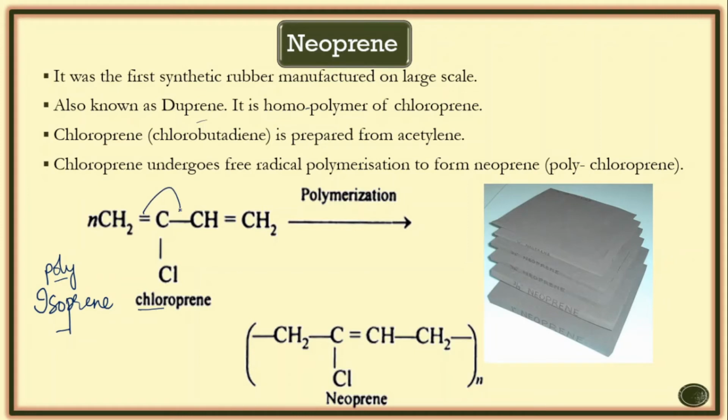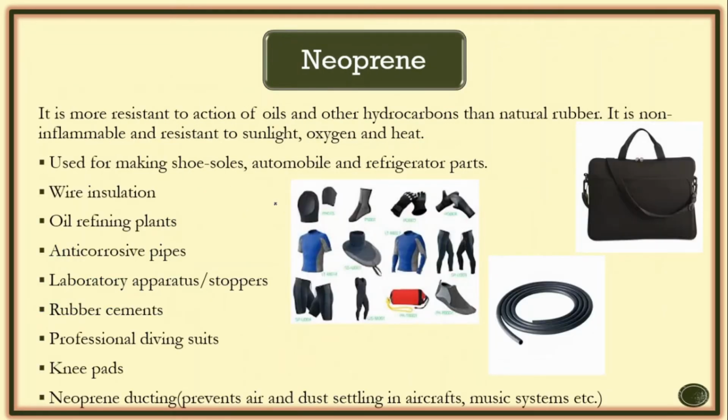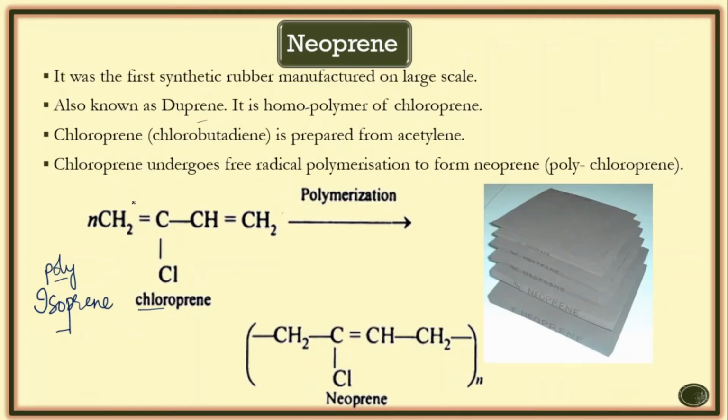And again the thing goes like this only, so you will get a double bond here, and the bond is shown like this. So basically chloroprene undergoes free radical polymerization. Again, if you want to show that, let's say these are two double bonds, these are two electrons, so these two electrons react with each other, and it will be left with one free electron like this. You can write it like this.